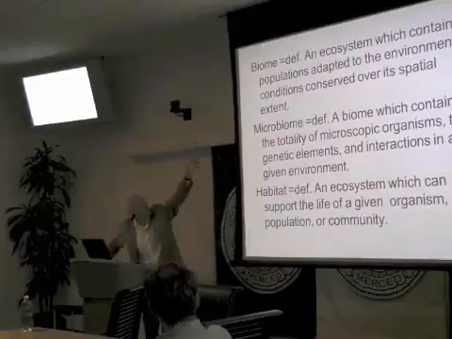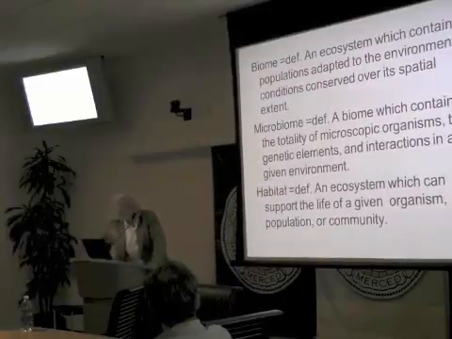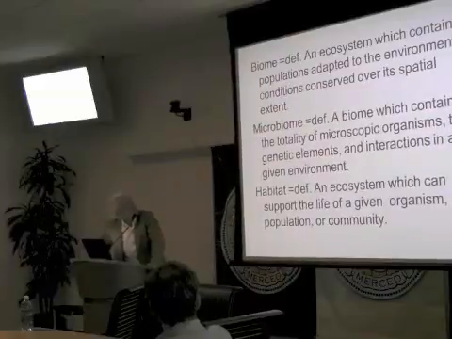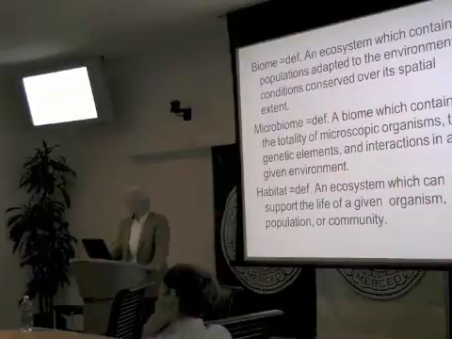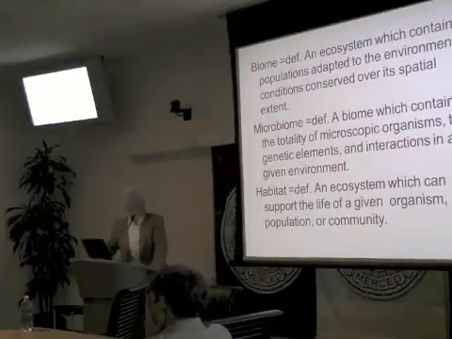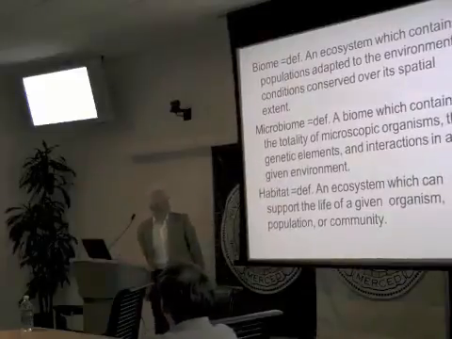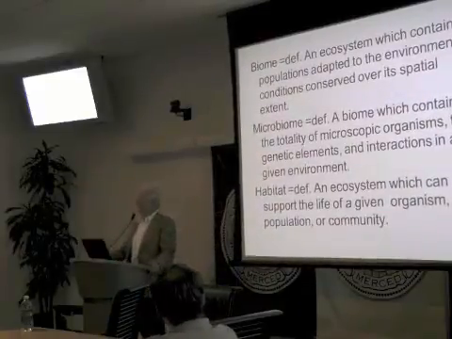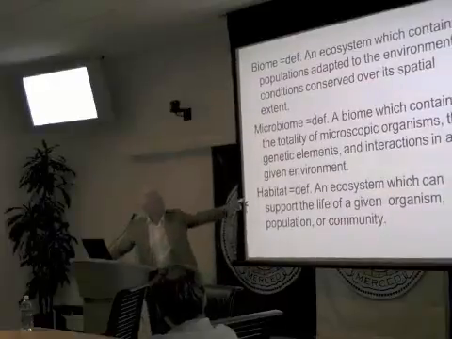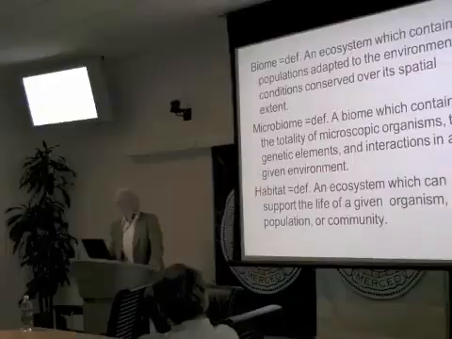Then we define a biome as an ecosystem which contains populations adapted to the environmental conditions conserved over its spatial extent. And a microbiome is a biome which is made of the microscopic organisms in a given microbial environment inside an organism. And a habitat is an ecosystem which can support the life of a given organism, population, or community.